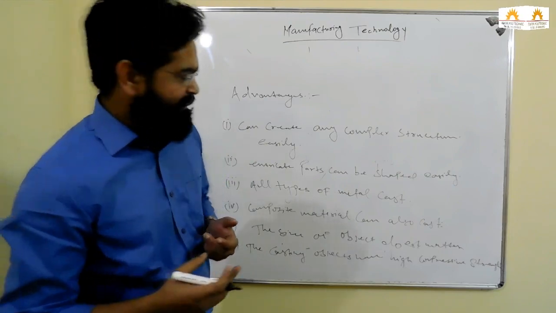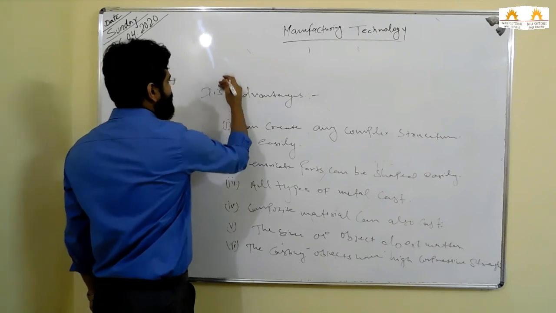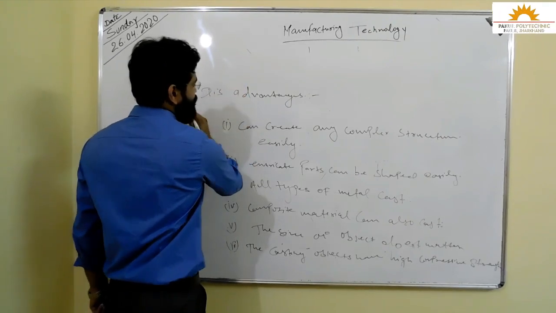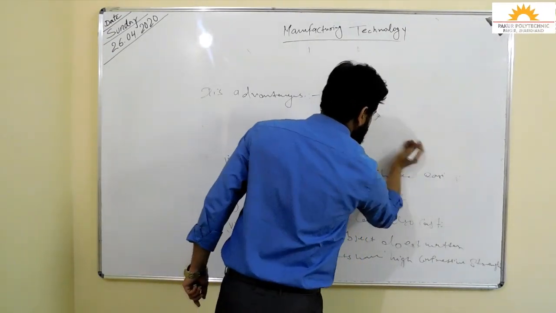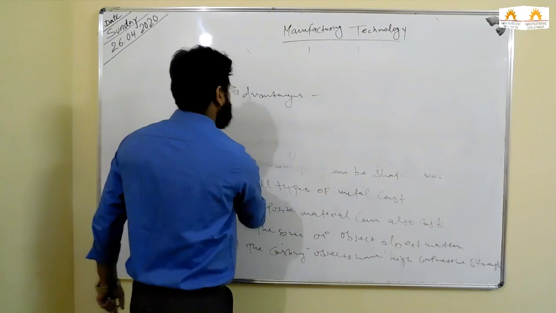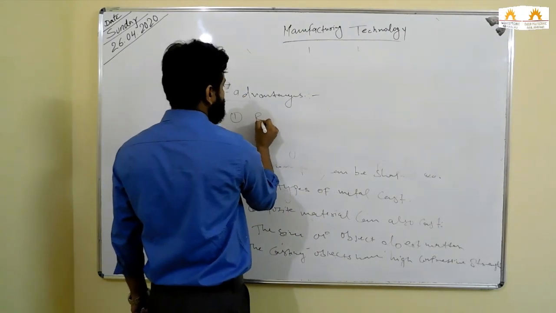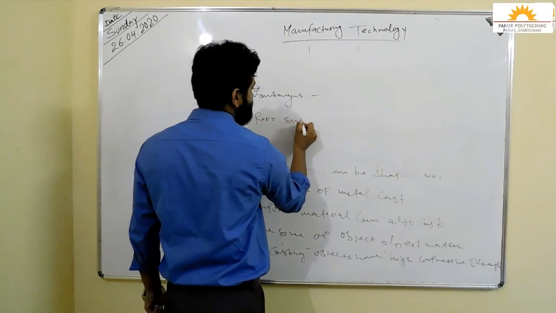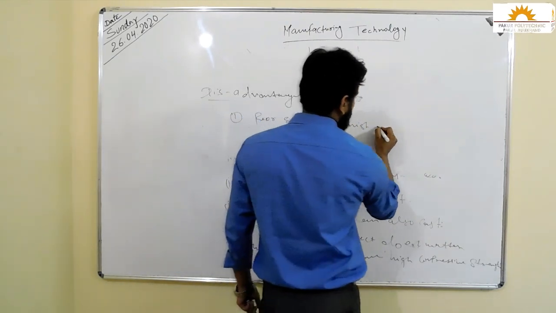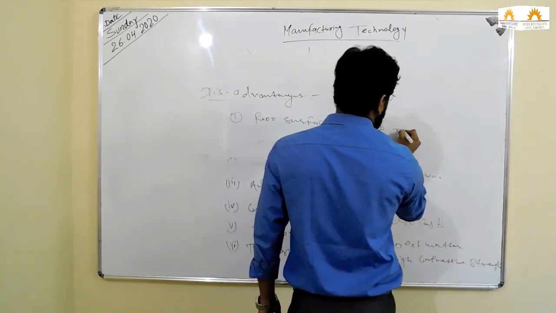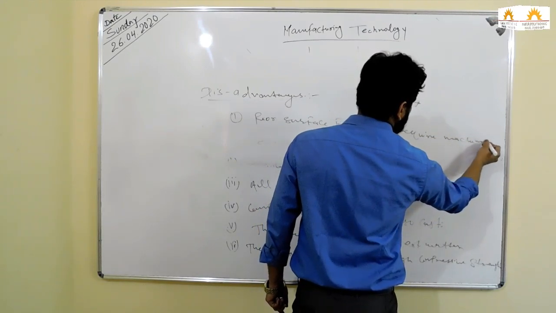So it gives poor surface finish, and this is a disadvantage of casting products. The first one is poor surface finish, so it requires machining.